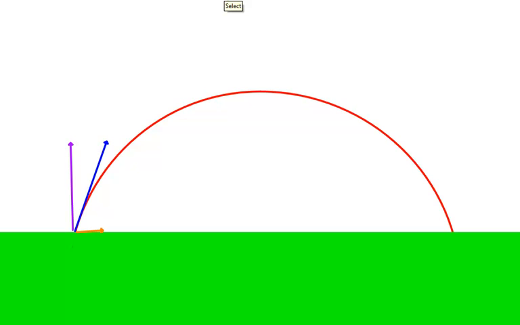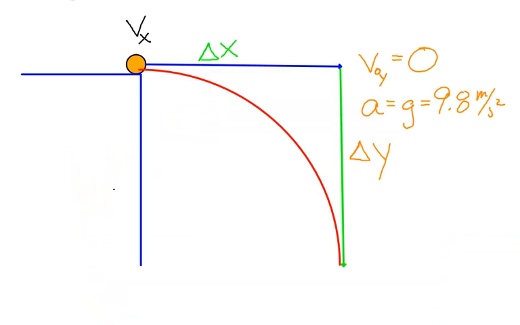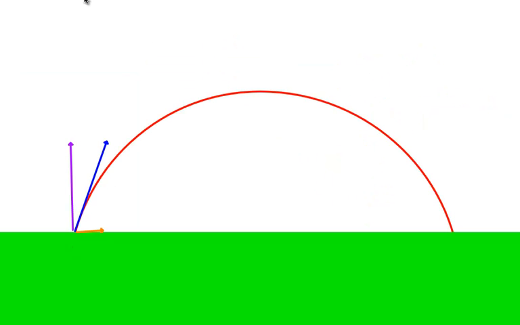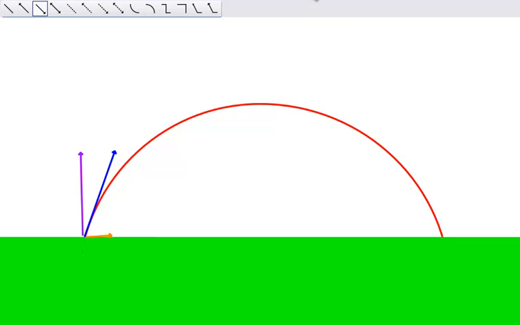As it travels through the air, think about what's going to happen in both directions. We said before on the last slide that Vx is what the velocity had initially, and that the only reason that it was increasing vertically in speed was because of gravity. Was there anything that accelerates objects horizontally? You're right, there's not. Once we have an object in motion, we're not going to be accelerating it anymore in that direction.